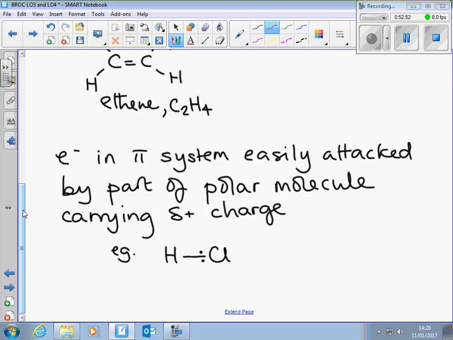So we end up with our slight positive charge at that end and a negative charge at that end because the electrons are spending more time around the chlorine. So the hydrogen end of this molecule can quite easily approach the pi system and pull electrons away, and that's really what's going to happen here.